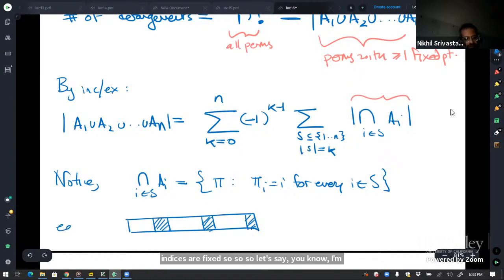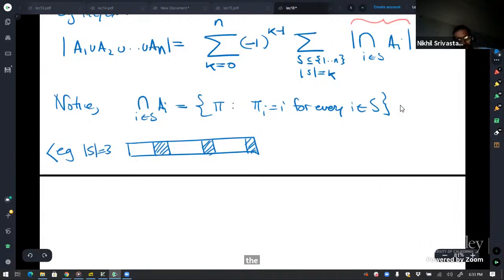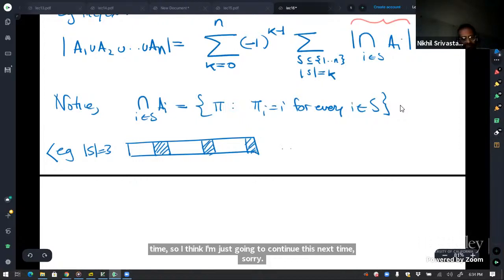So for example, if S has 3 elements, then these are fixed. Then how do I choose a permutation on the rest? Well, I guess at this point I've really run out of time, so I'm just going to continue this next time. Sorry, but you can ponder this.